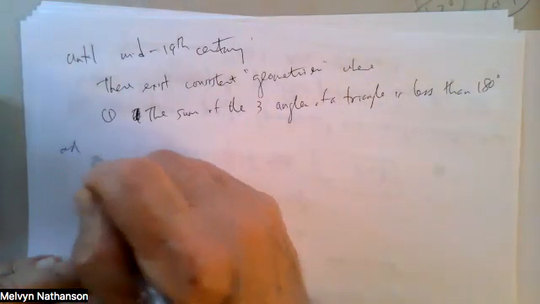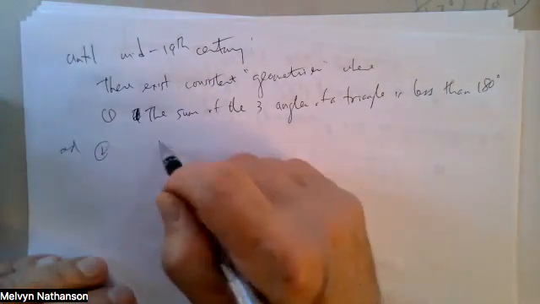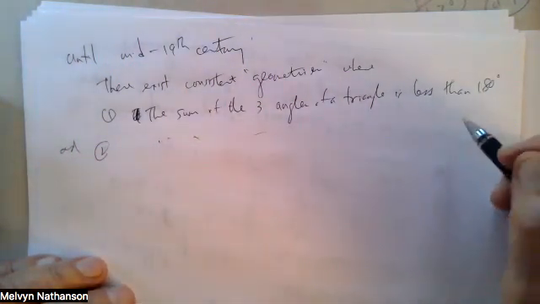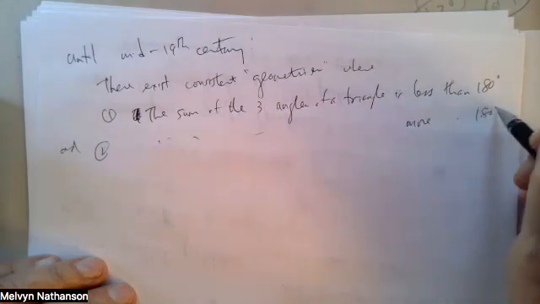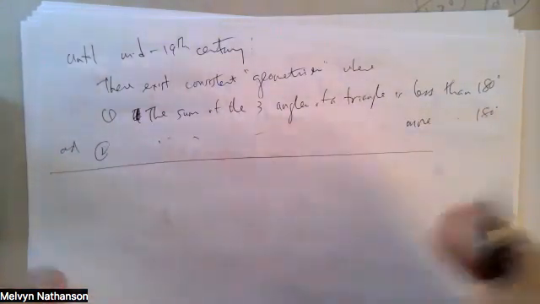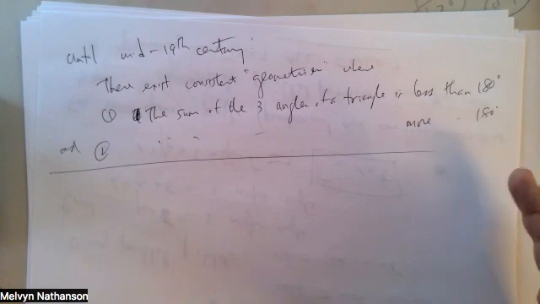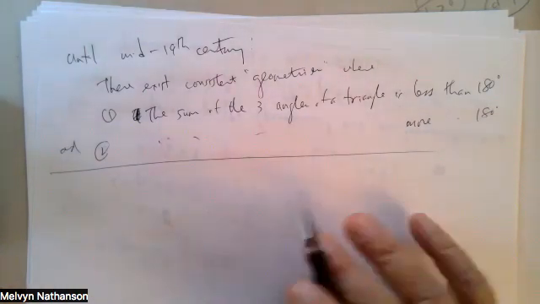And there exist other geometries where the sum of the three angles of a triangle is always more than 180 degrees. And you could construct such a kind of geometry consistently.